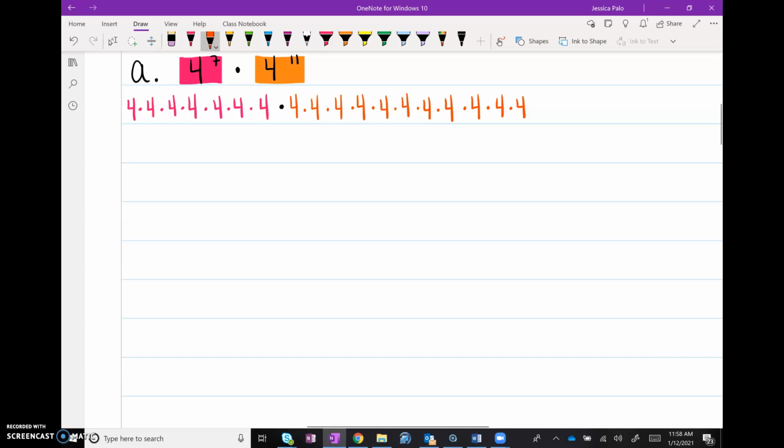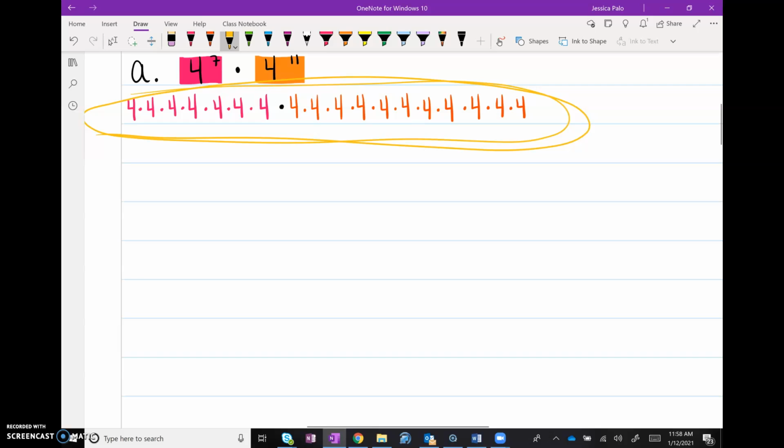Okay, so the condensed form, or the exponential form, is 4 to the 7th times 4 to the 11th. In expanded form, we have 4 times 4 times 4 and so on. I'm not going to keep repeating all the 4s, but all of these 4s would be your answer.